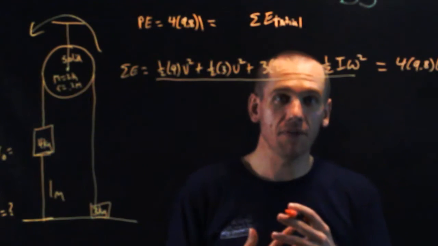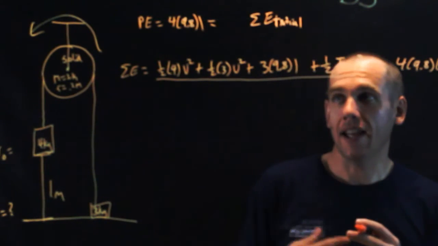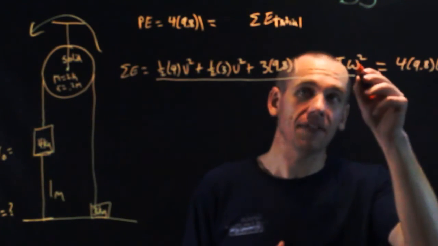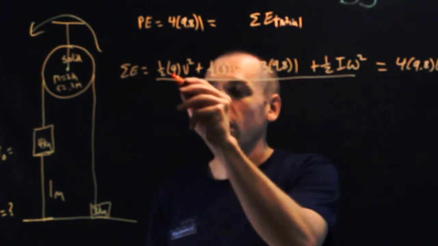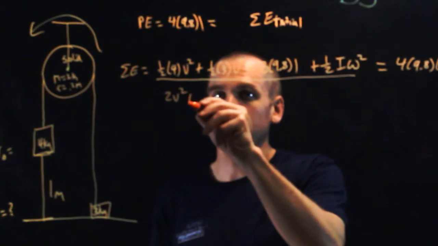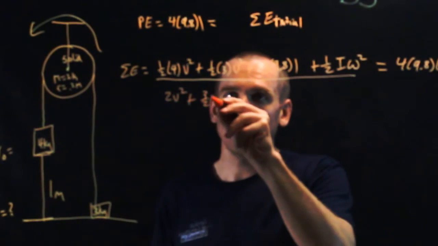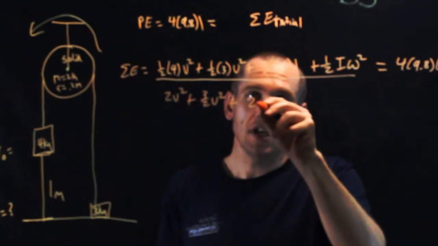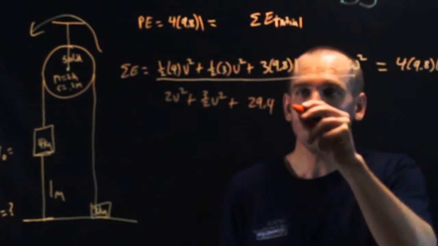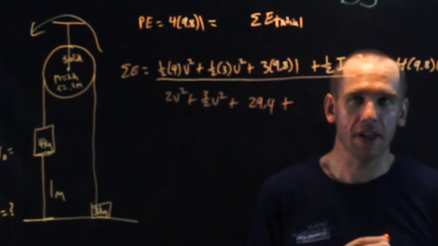Okay? Now let's see if we can simplify some of this mess and get rid of some stuff. Because I have an I and I've got an omega and I don't want to deal with that because all I want is v. So 1/2 of 4 is 2, so I have 2v squared plus 3/2 v squared plus 3 times 9.8 is 29.4 plus 1/2 I omega squared.